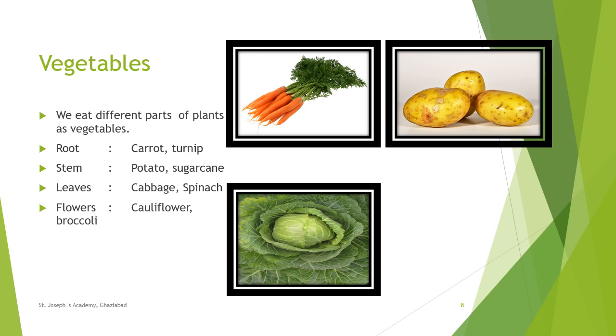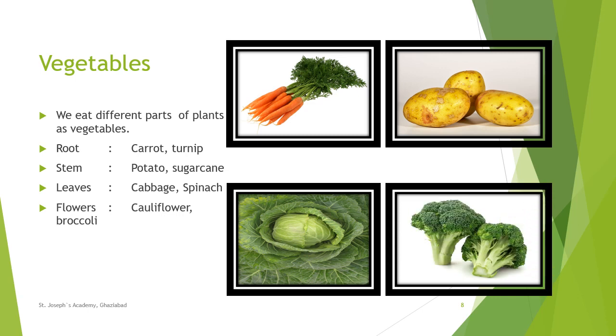We eat some parts of the plants in the form of flowers also. Example, cauliflower, broccoli. So these are the different parts of the plant which we eat in the form of vegetables. The vegetables may be in the form of root, stem, leaves, flowers. But we all must eat vegetables.